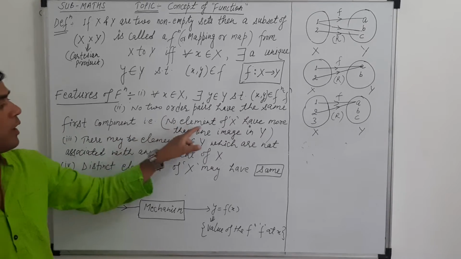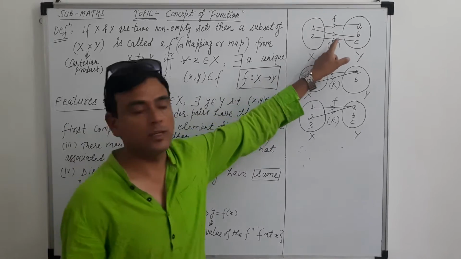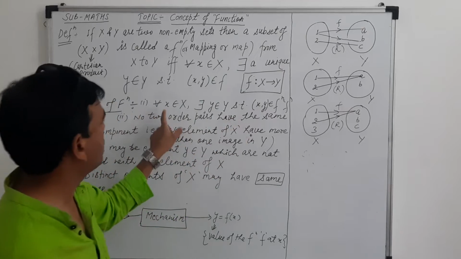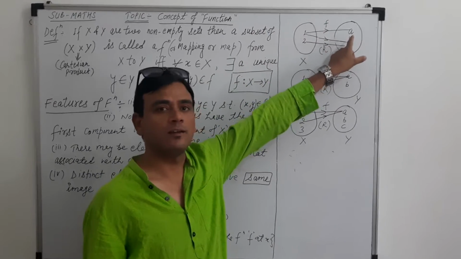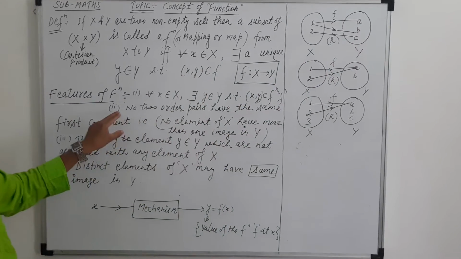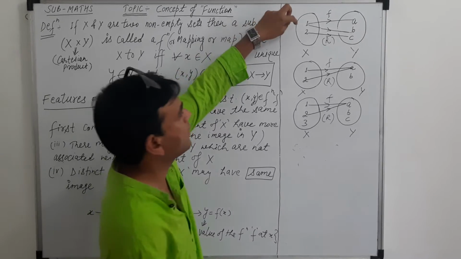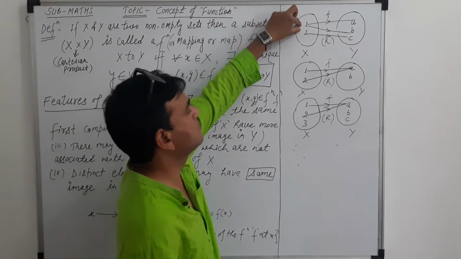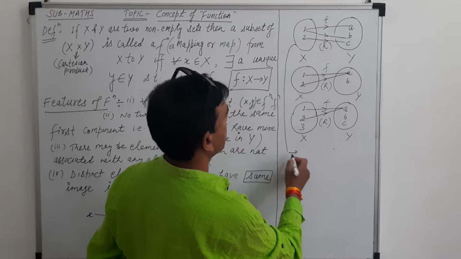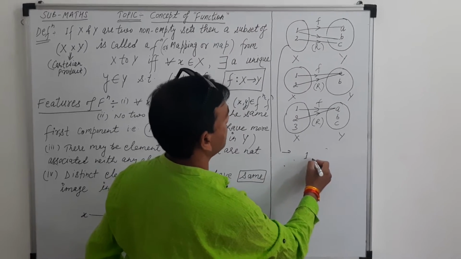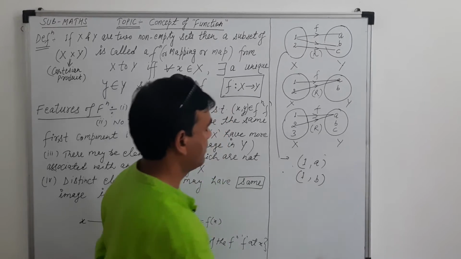That is, no element of set X has more than one image in Y. If we write this in ordered pair form, 1 is associated with a and again 1 is associated with b.